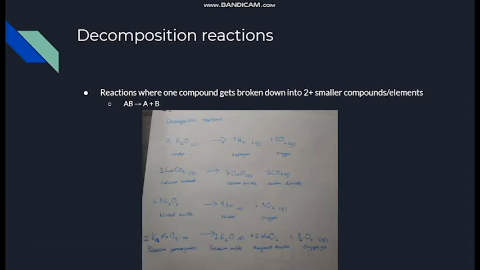All right, taking a look at the last example, potassium permanganate, breaking down into potassium oxide, manganese dioxide, and oxygen gas. Now I'm using fractions here just to illustrate. For this one, we have 2 potassium oxides on the right, so we need 2 on the left as well.